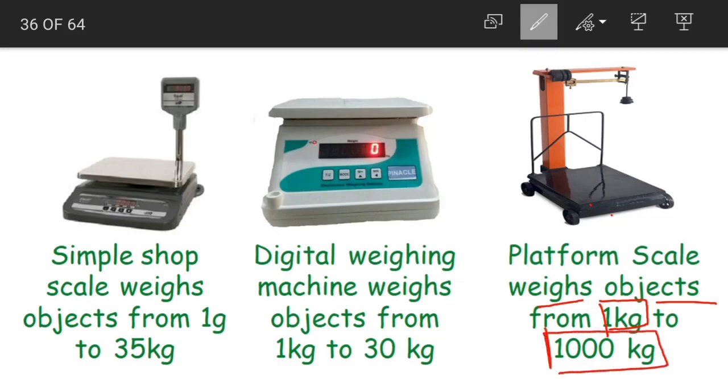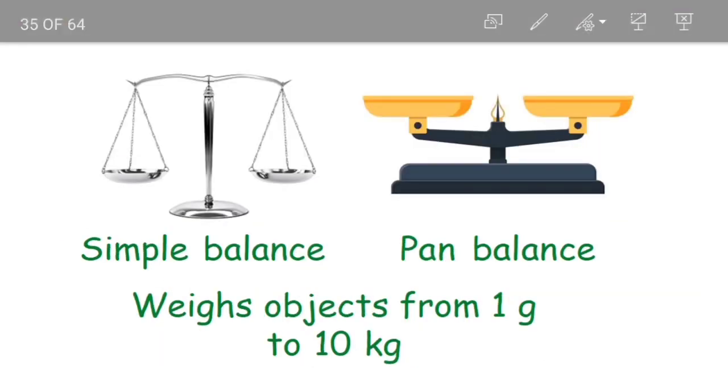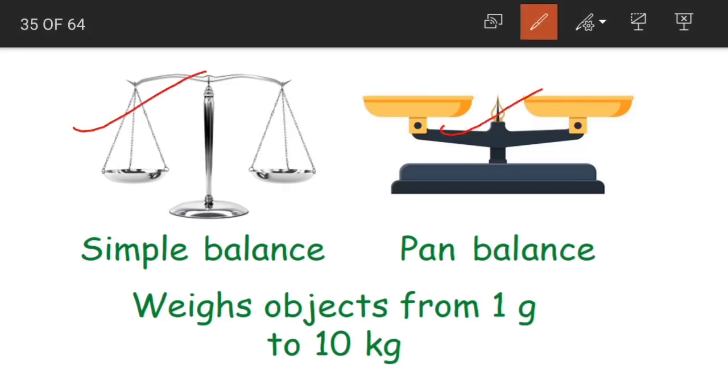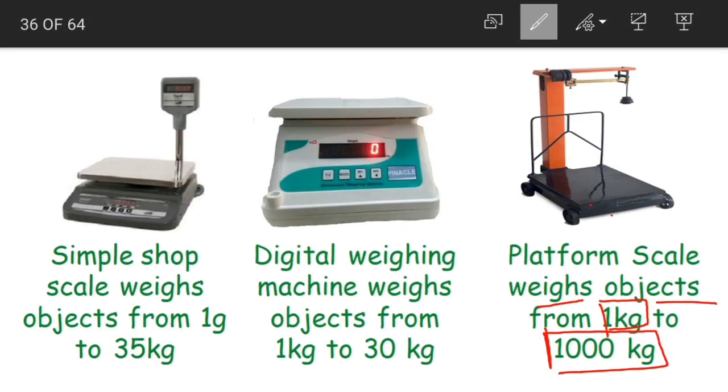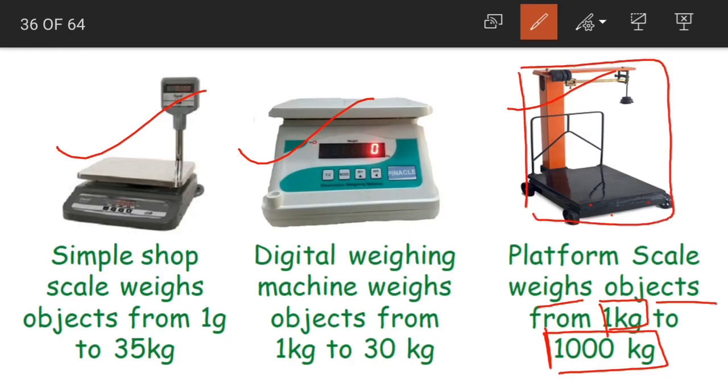See, from all the measuring instruments that we have seen, so simple balance, pan balance, simple shop scale, digital weighing scale and platform scale, this has the highest weighing capacity. It can weigh objects from 1 kilogram to 1000 kilograms.